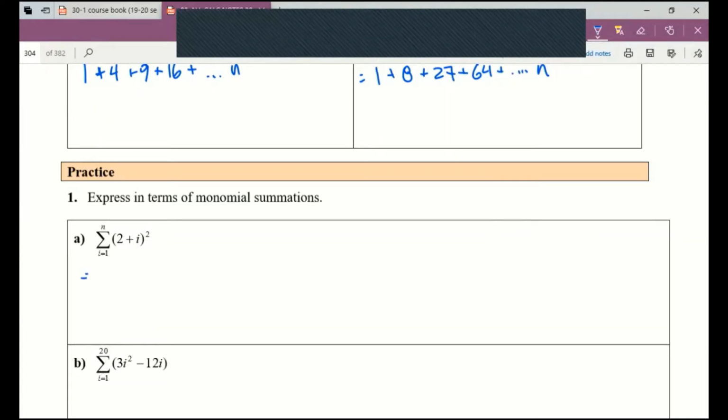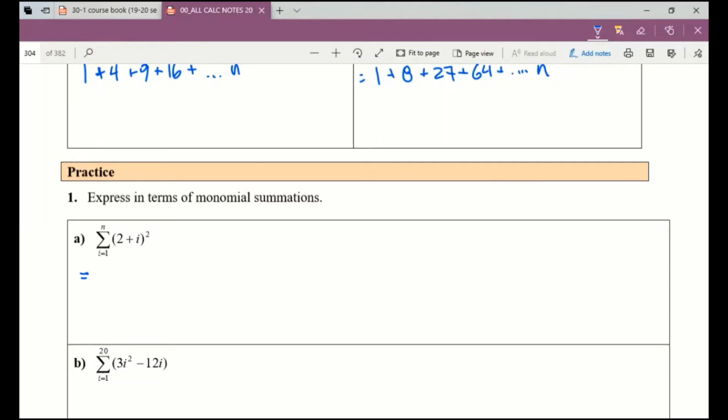If we have the summation of 2 plus i, all squared, where i goes from 1 to n, let's simplify this a bit algebraically. Let's square out 2 plus i, and so we have the sum of 4 plus 4i plus i squared, where i goes from 1 to n.